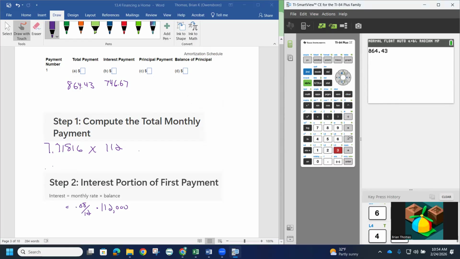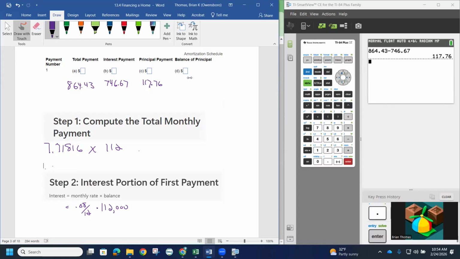Now, the bank takes out their $746.67. That's what's owed to the bank as interest. Then this is what's actually applied to our principal. This is our principal payment. This is what reduces our actual balance. So only $117.76 went towards our balance.